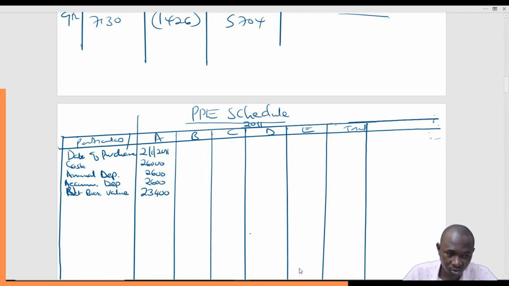For asset B, we don't have asset B in 2011. We don't have all these assets. So for the total, cost is 26,000, annual depreciation is 2,600, accumulated depreciation is 2,600, and net book value is 23,400.